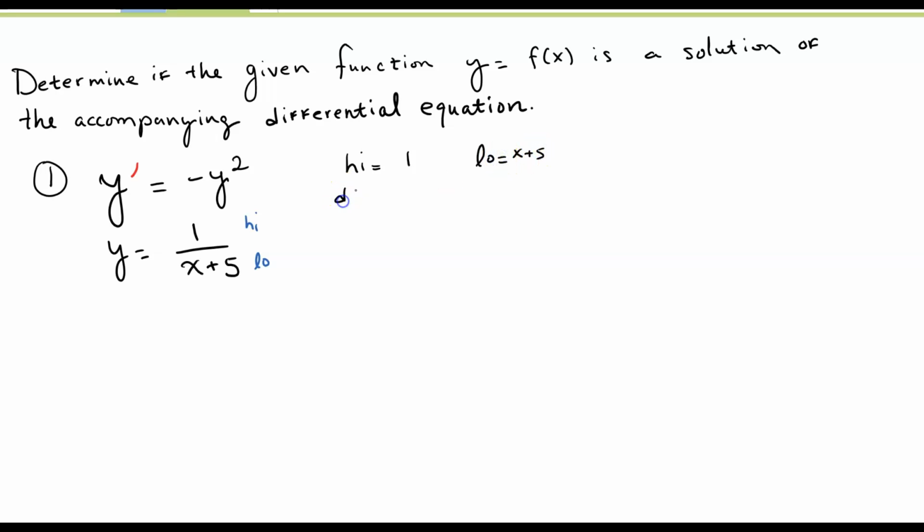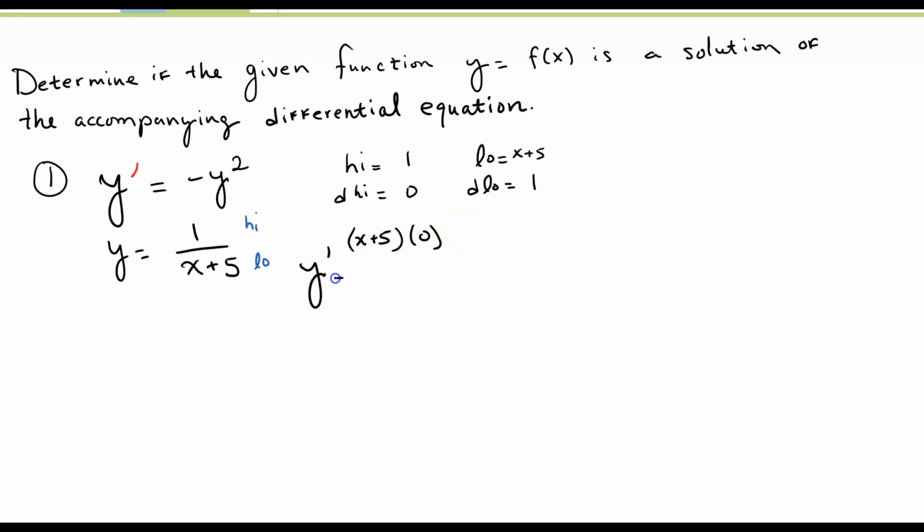And so I find d high, which is the derivative of the top, to be 0, and d low, which is the derivative of the function on the bottom in the denominator, to be 1. And so I write low d high, which is x plus 5 times 0. So this is our derivative y prime.